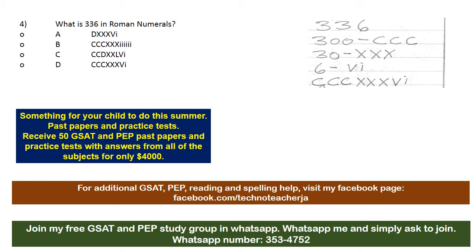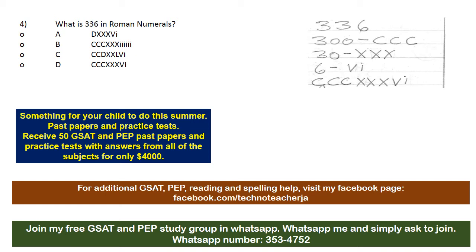So CL, what is CL? C is 100 and L is 50. When you're just starting, you can write it down. If you're not used to it, it's not easy to work it out in your head.